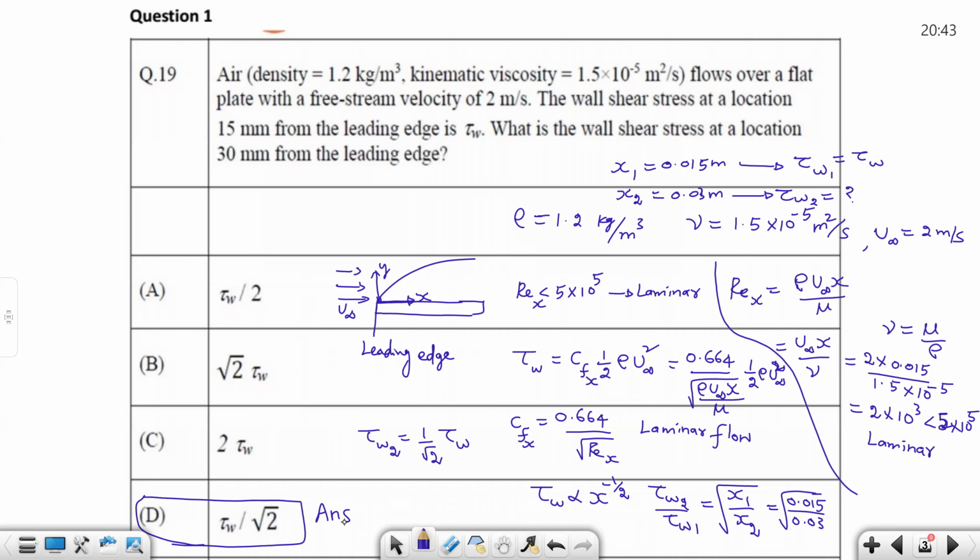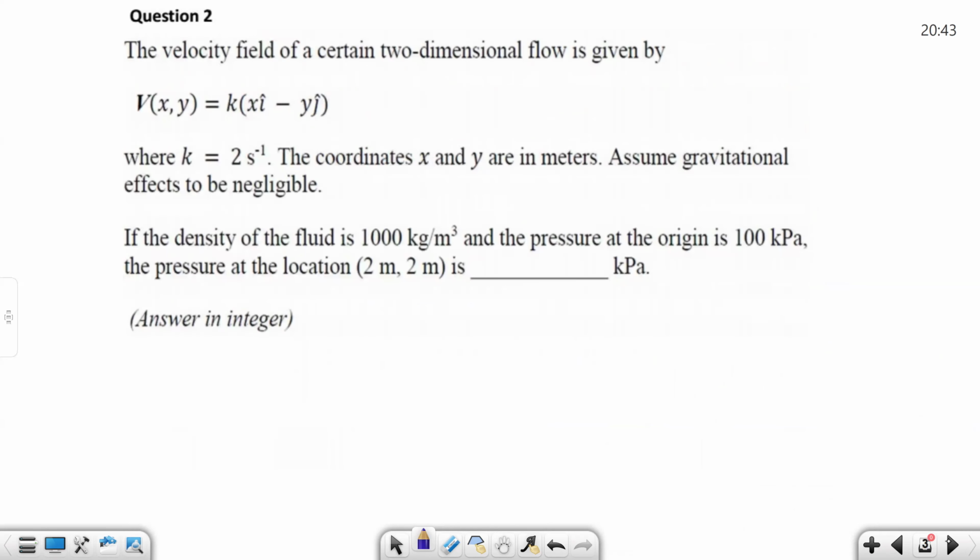Now we move to the next question. The velocity field of a certain two-dimensional flow is given. From the given velocity field, this will be u i unit vector plus v j unit vector. So you can take u equal to kx and v equal to minus ky.